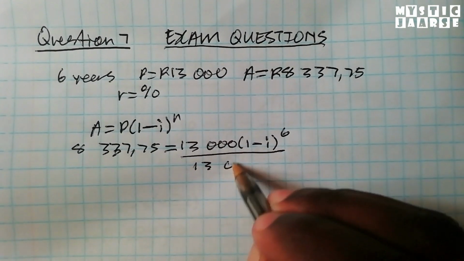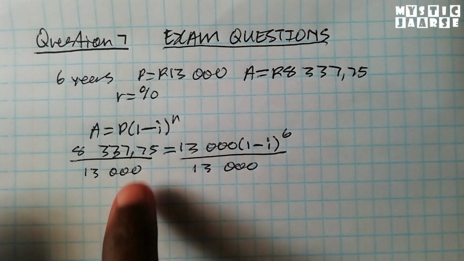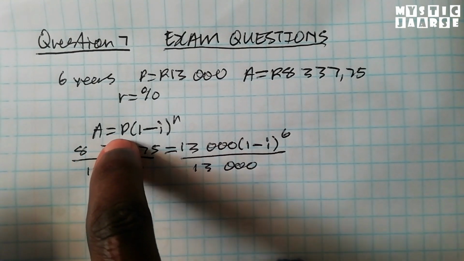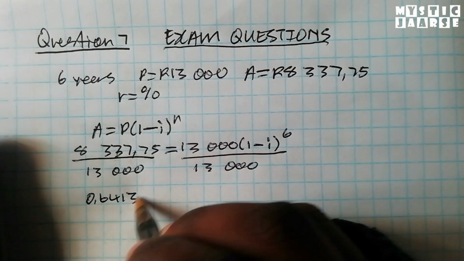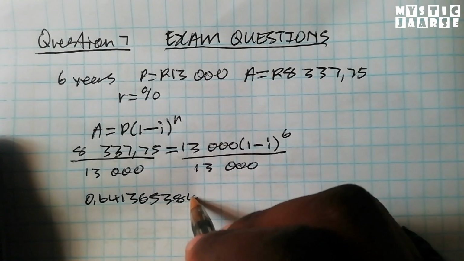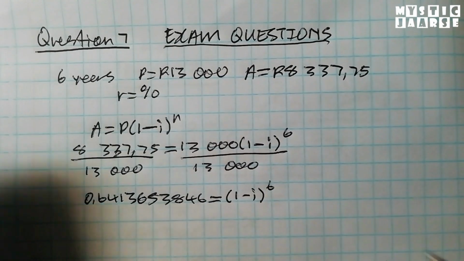Divide by 13,000 rands, divide by 13,000 rands. The ratio of accumulated amount and principal amount is 0.64136533846 is equal to 1 minus i to the power of 6.